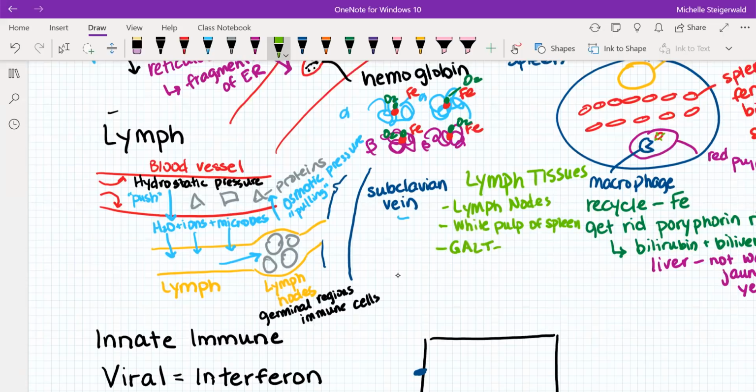GALT is gut-associated lymphoid tissue. So this is typically in your throat and in your intestines. If it's in your throat, this is going to be called tonsils. And if it's in your intestine, it's Peyer's patches.